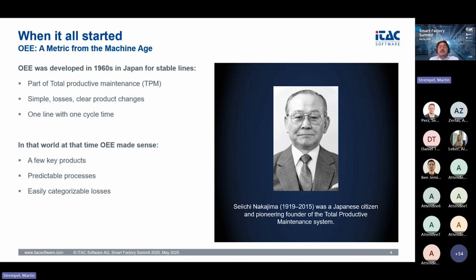One product, one cycle time, one machine at a time. In that world, OEE makes a lot of sense, right? And for years, this worked, especially in industries with high volume and low mix environments like automotive and consumer electronics. But here's the reality, as we all know, and we've seen many allusions to this today in many of the presentations that have come before me. We no longer live in that world.